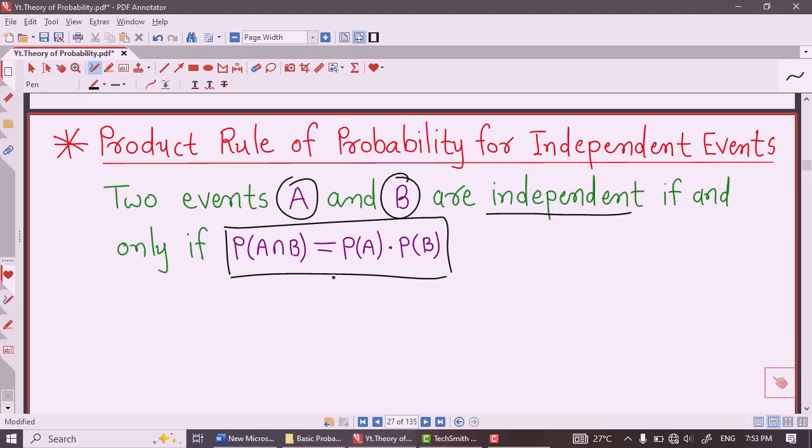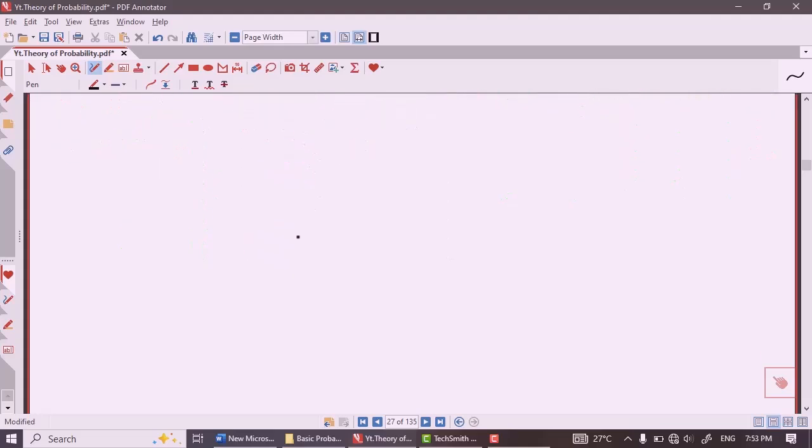So we will remember that if probability of A intersection B equals probability of A times probability of B, then events A and B are independent. Another definition of independent events is that two events A and B are independent if the occurrence of one event is not affected by the occurrence of another event.